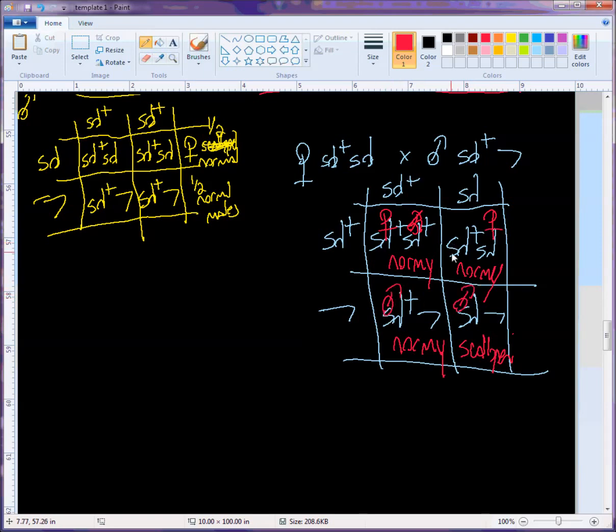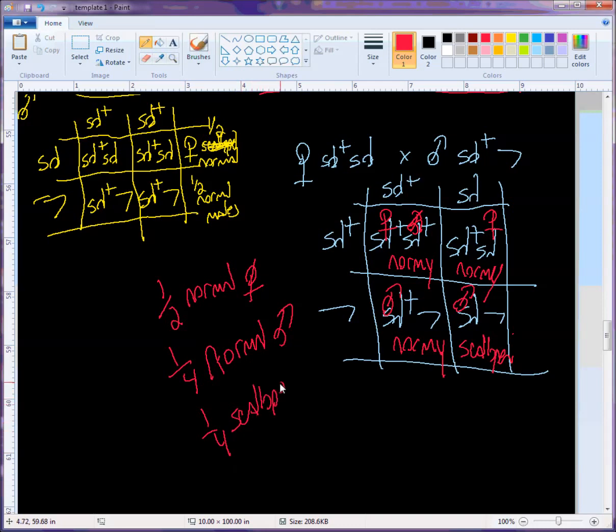So here we have a ratio of 1/2 normal females to 1/4 normal males to 1/4 scalloped males. Okay, so that's the answer to 4.25 part B.